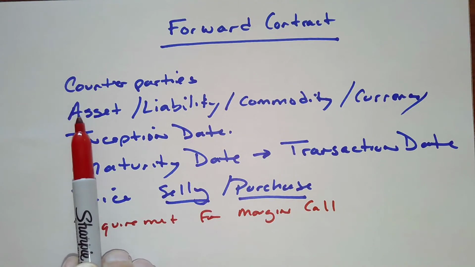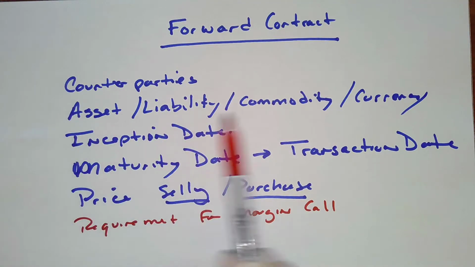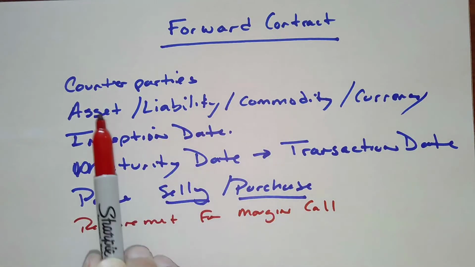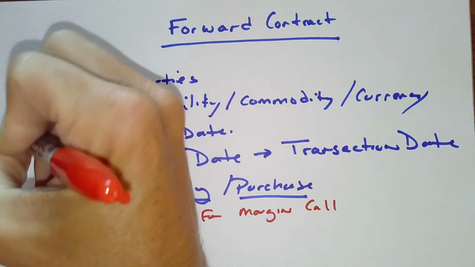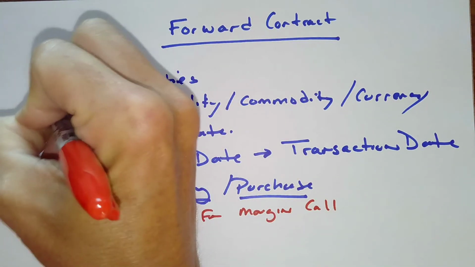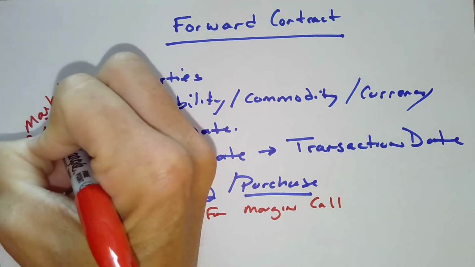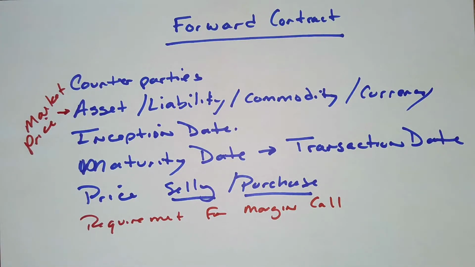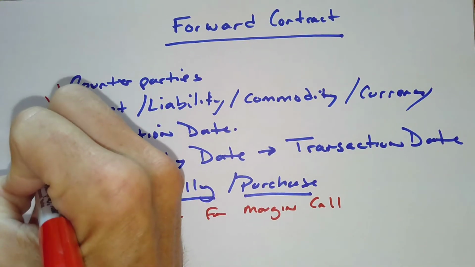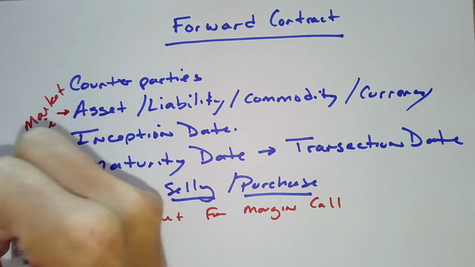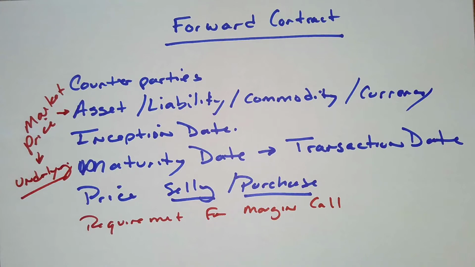And if these things move as far as price is concerned, whatever this particular item, the market price of this asset, liability, commodity, currency, that is your underlying. Okay? So we've identified the asset, liability, commodity.